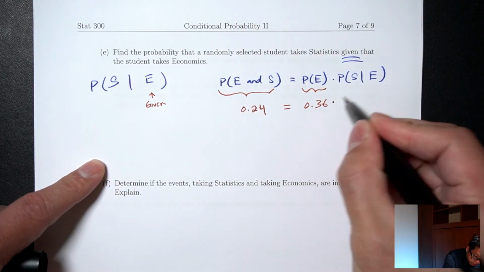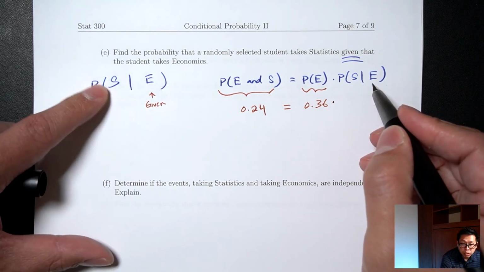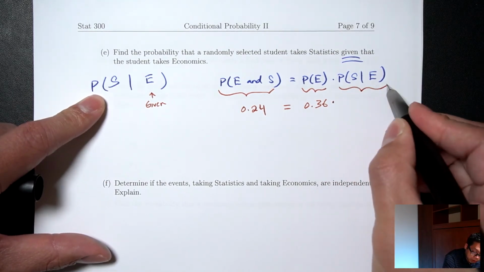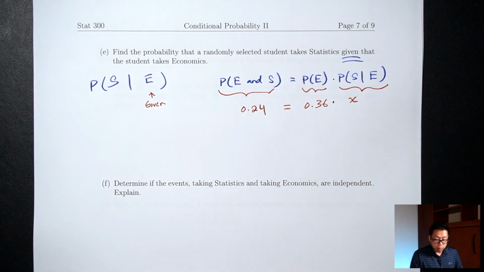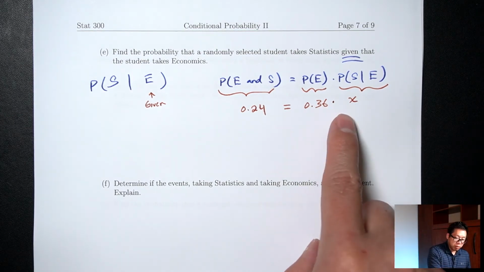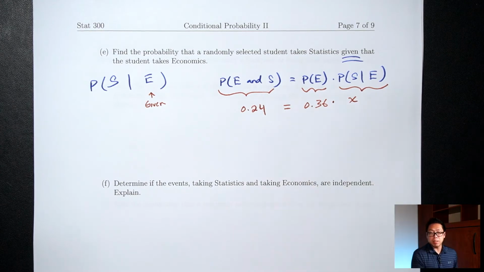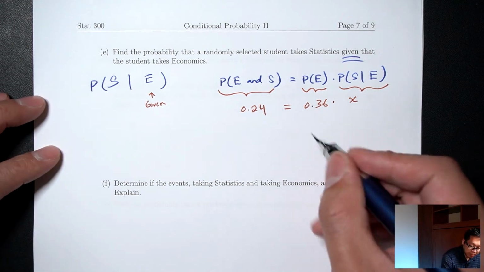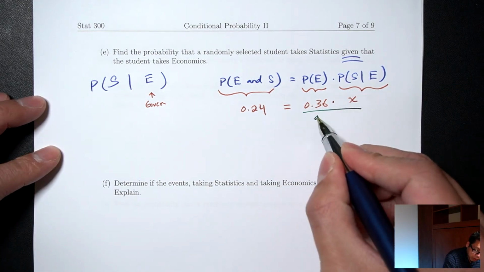There's a times there. S given E, that's actually what I'm looking for. So I'm going to call that entire thing X. And then our job is to get the X by itself. Right now it's being multiplied by the 0.36. To get rid of that multiplication, you do the opposite, which is divide. Divide by 0.36.